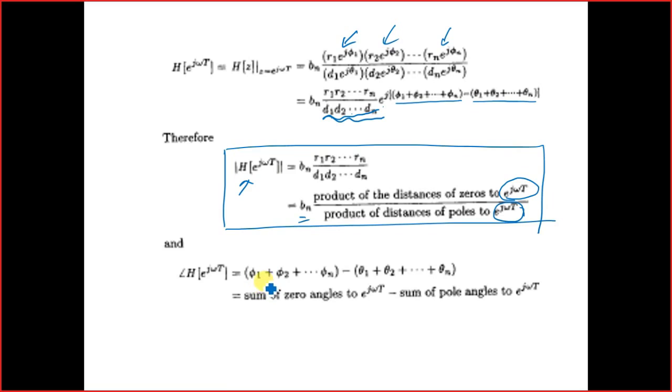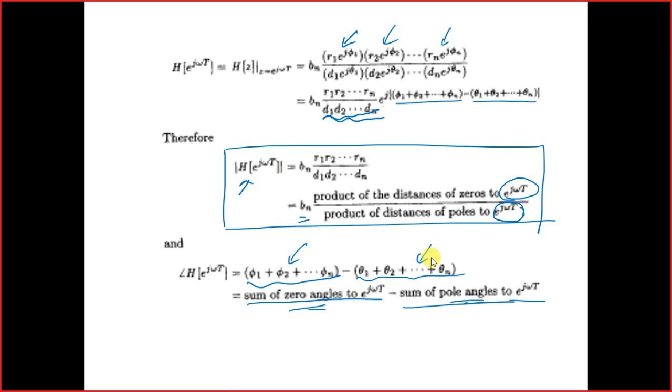Similarly, the phase of this system can be given by the sum of zero angles to e to the power j omega t minus the sum of pole angles to e to the power j omega t. So we have the addition of the zero angles minus the addition of the pole angles.